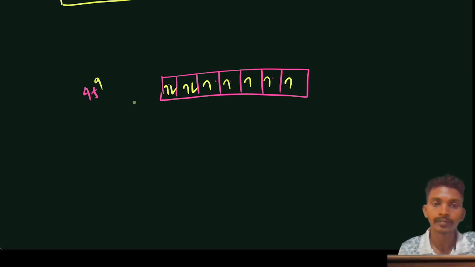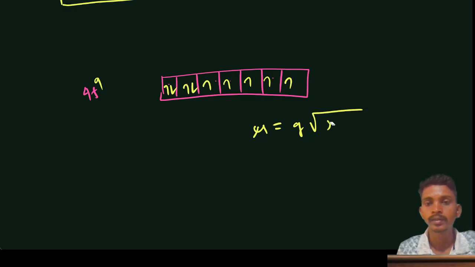In that case, similarly we can calculate first the magnetic moment, that is g root J(J+1).